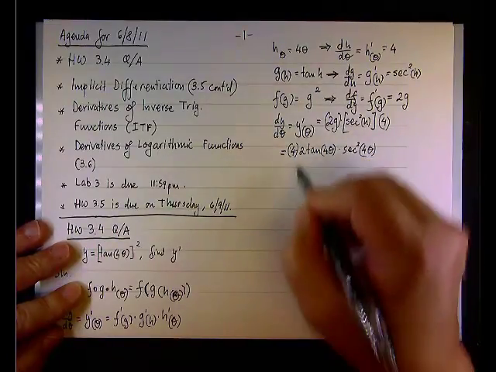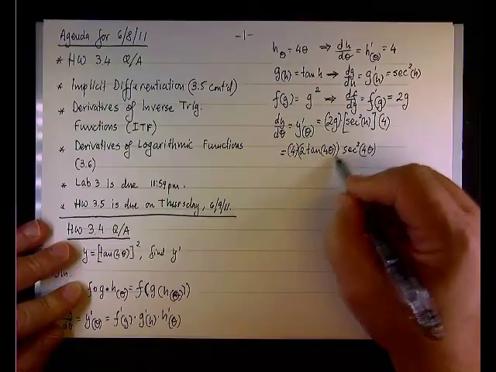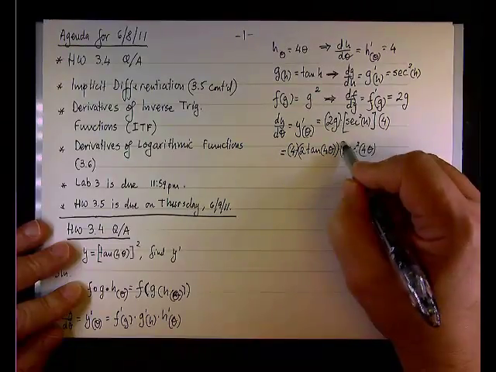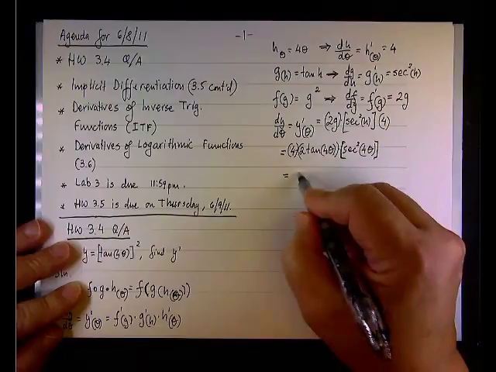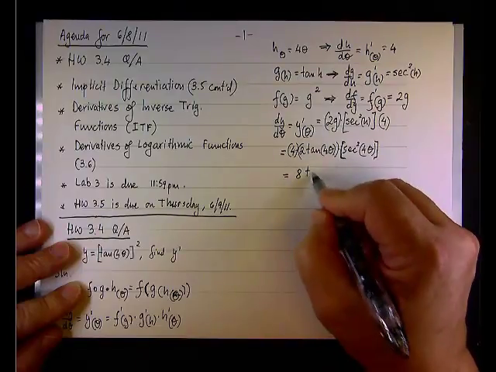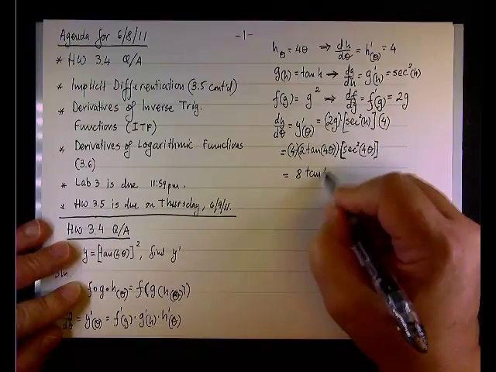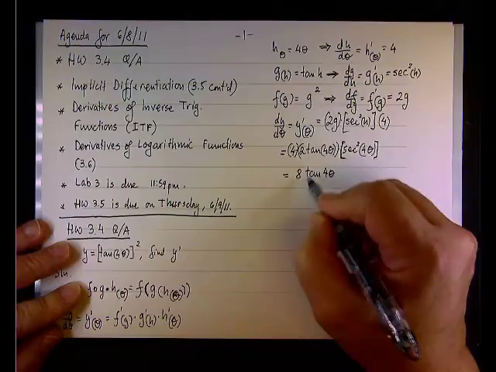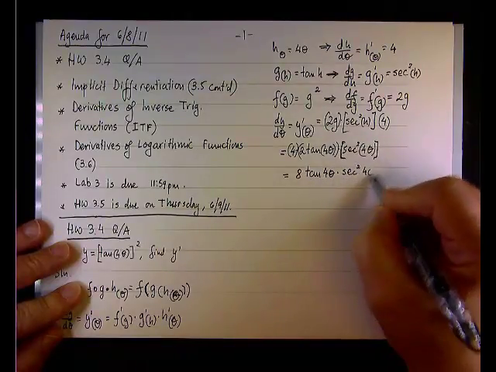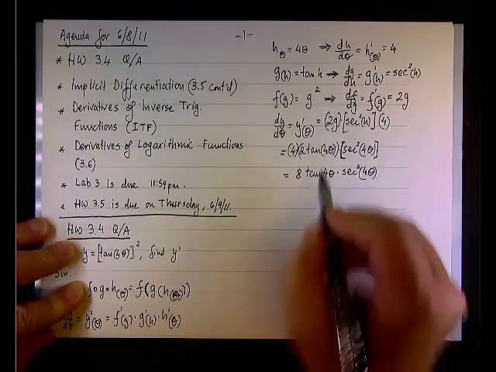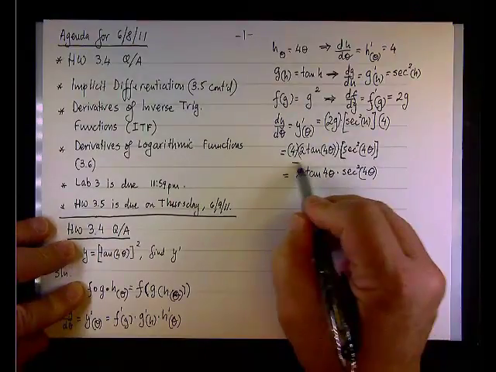So you have 4 times that, like so. And then multiply it out, you have 8 tangent 4 theta secant squared 4 theta. I don't know about you, but I'm happy with this solution.